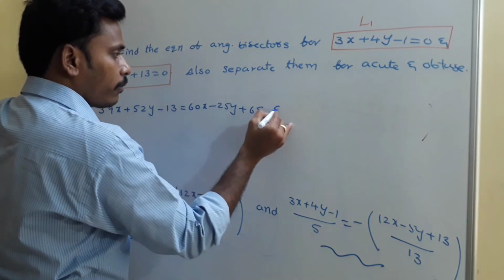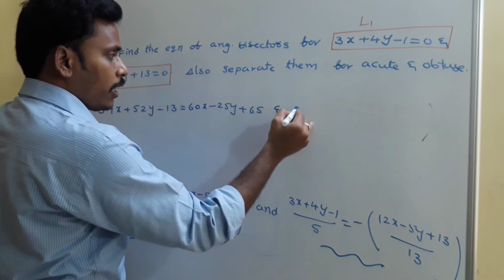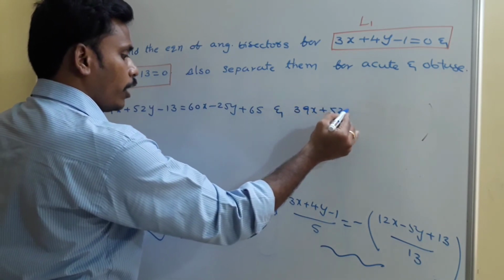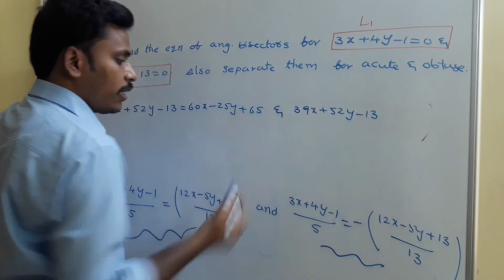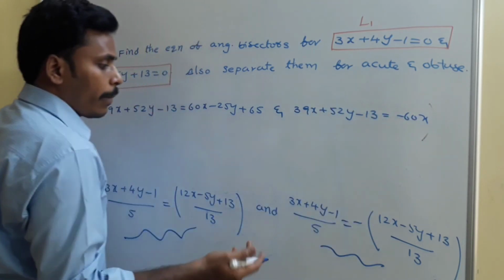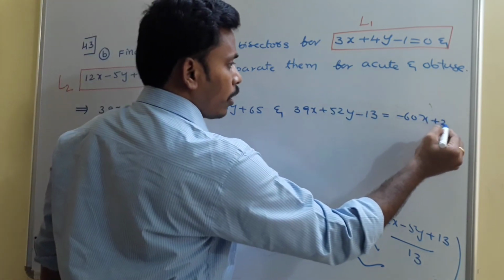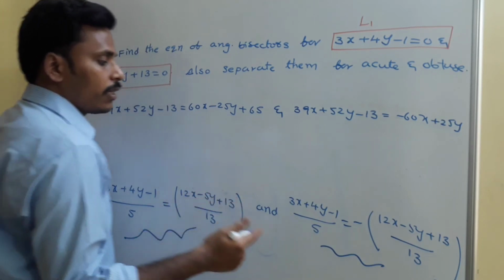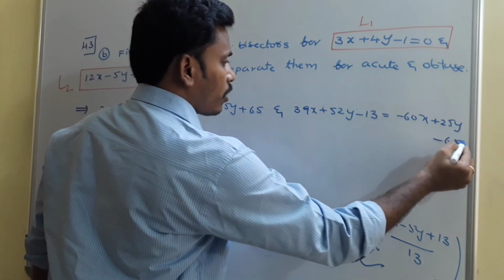And for the other line with minus sign, 13 into 3 is 39x, 52y, minus 13 equals minus 60x, minus of minus is plus 25y, and for the constant, minus 13 and 5 times 13 is minus 65.